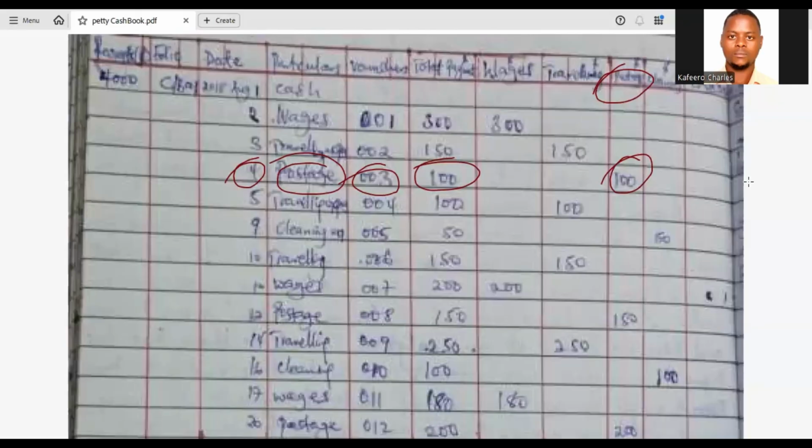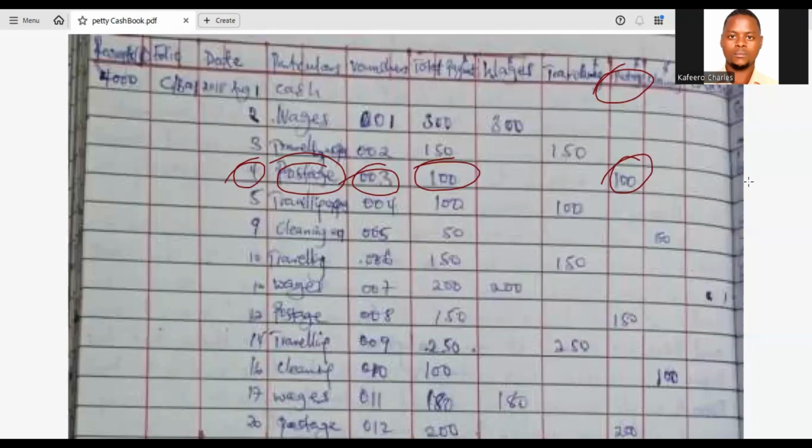Now, the next transaction is on the 5th, and that is traveling expense. We have also had a traveling expense. Remember, these transactions, we are recording them firsthand.